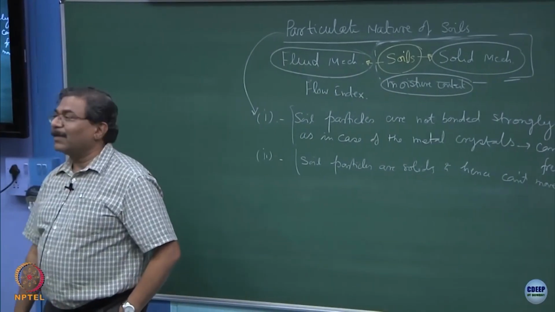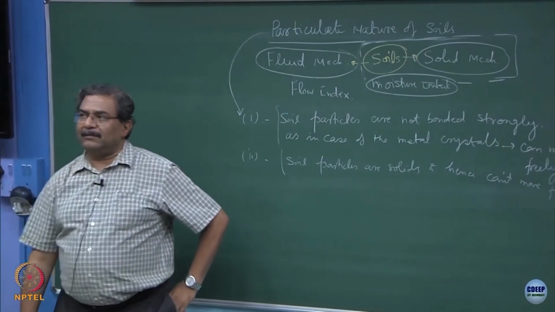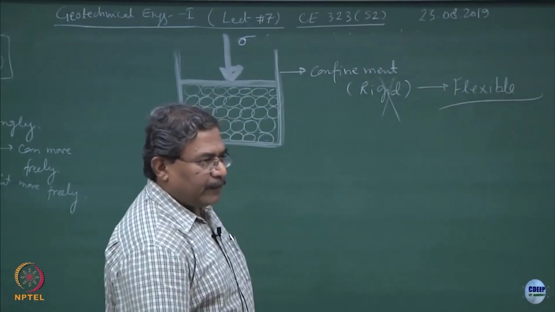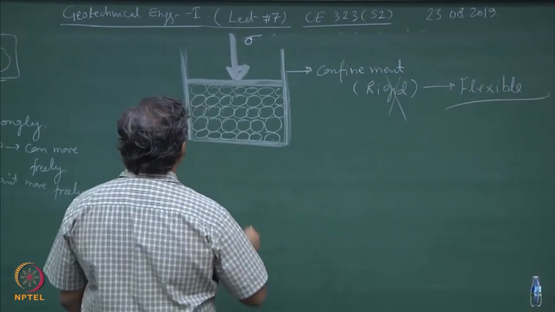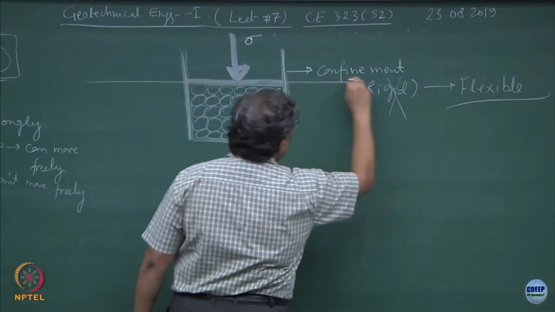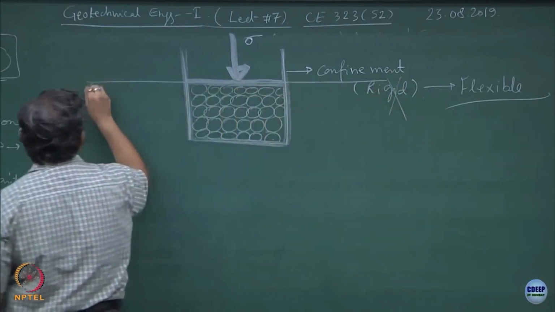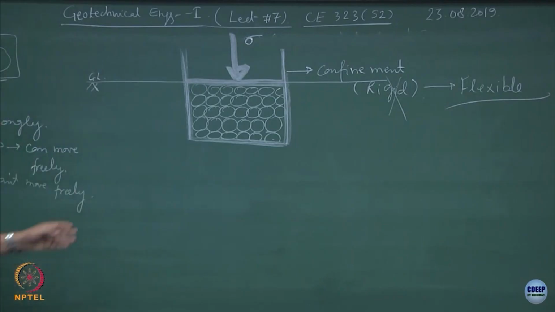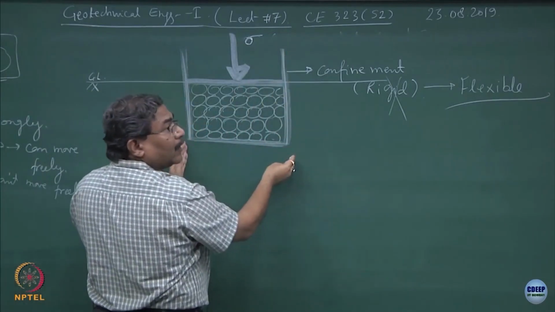You agree? Why it is flexible now? What I have done is, very conveniently to make you understand what we are discussing, this is the ground level, you remember, and I have taken a small control section out of this.